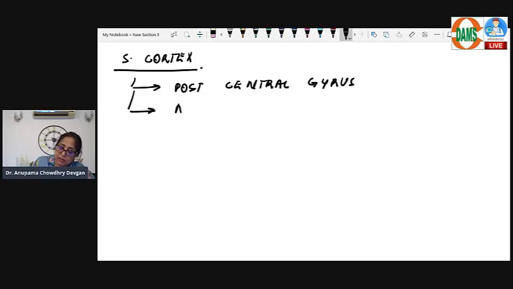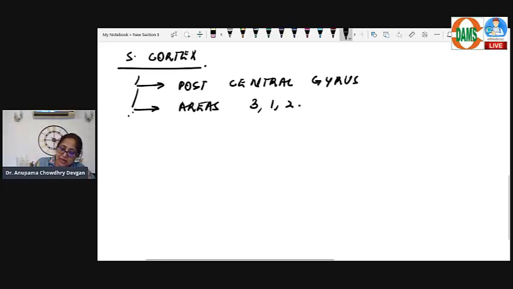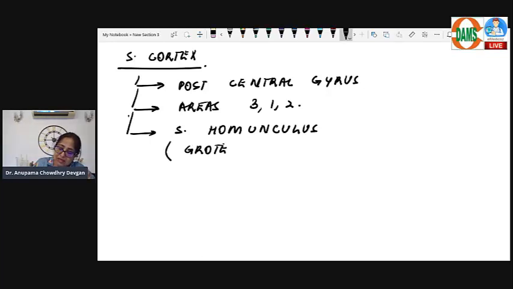This is Brodmann's areas 3, 1 and 2. In the sensory cortex, you have a sensory homunculus. I showed you a diagram of the sensory homunculus, which is also known as the grotesque figure.